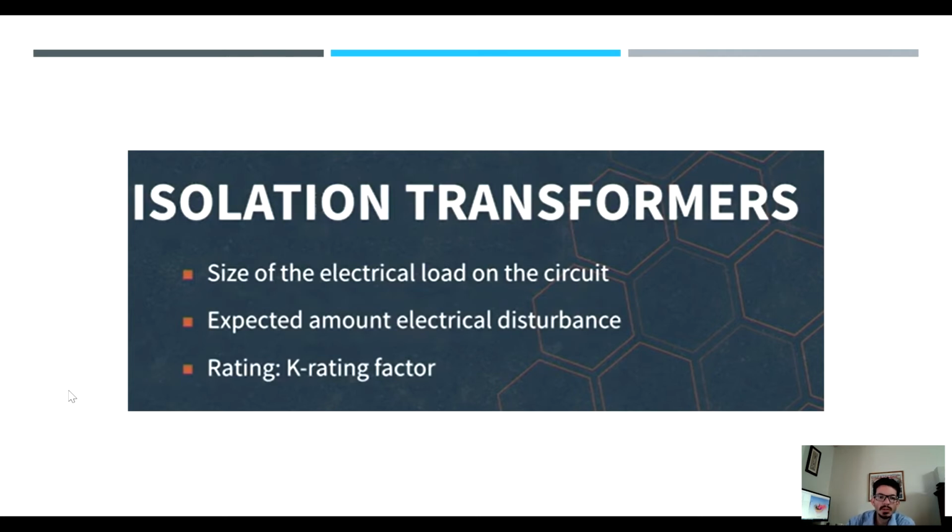So to recap, the size of the transformer depends on the load on the circuit. Sometimes you know beforehand what type of signal you're getting. Sometimes it takes building the system and iterating within different configurations of transformers to make sure that you have the most optimal performance.